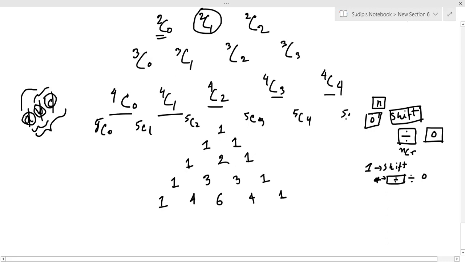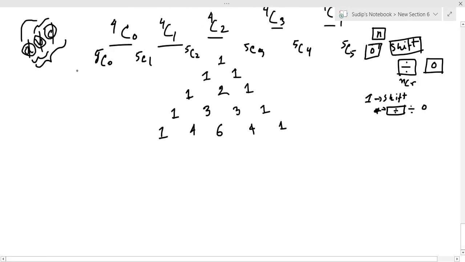Then using a calculator or using the manual way, which I'll show you. 5C0 is 5 factorial by 0 factorial into 5 minus 0, that is 5 factorial, which is 1, because 0 factorial is equal to 1.